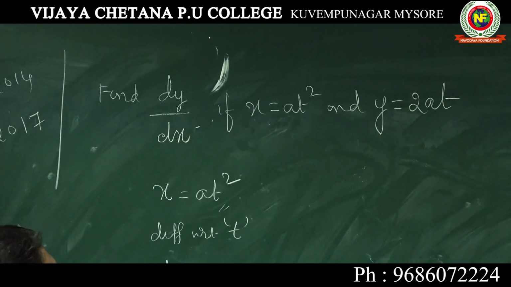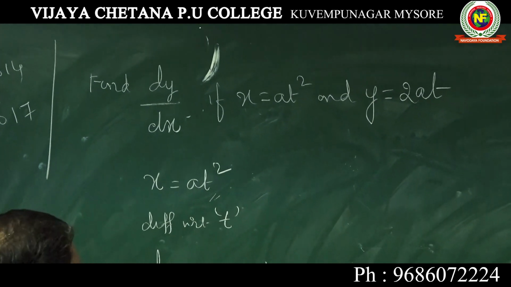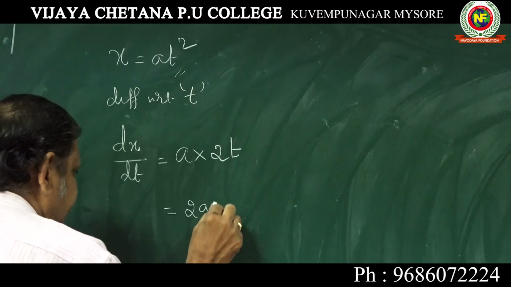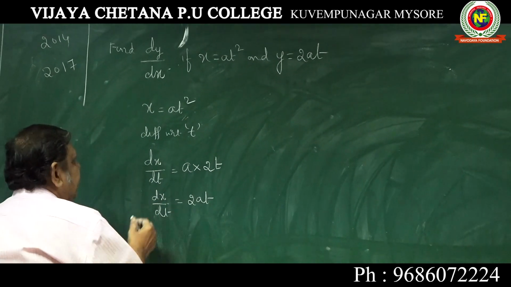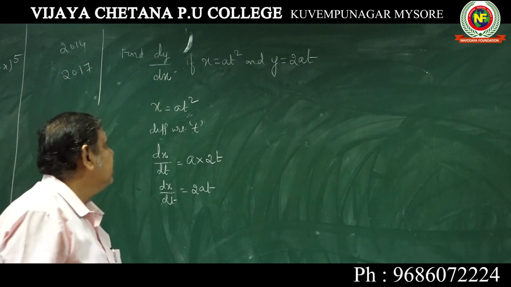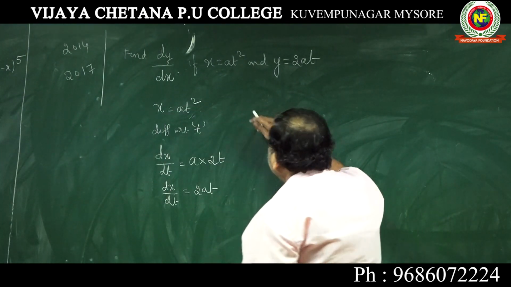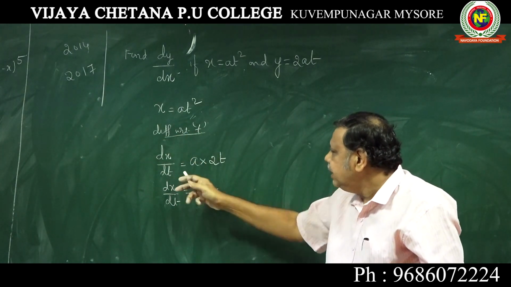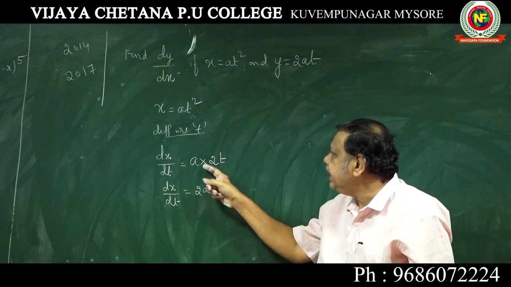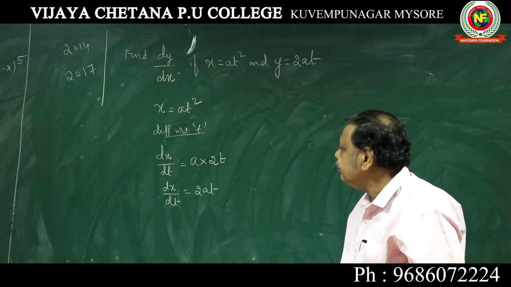You need not write dt by dt. It is a into 2t or 2at. So your dx by dt is 2at. Understood? X equals at square, t is the parameter, you are differentiating with respect to the parameter t. dx by dt is a into 2t or 2at.